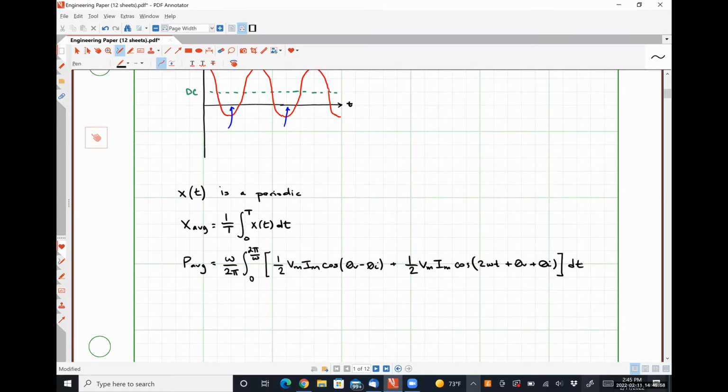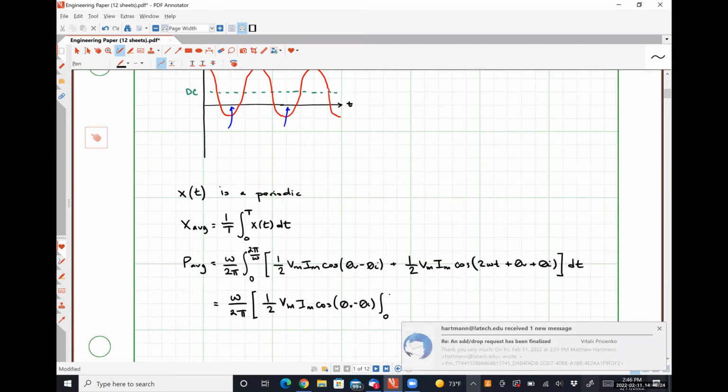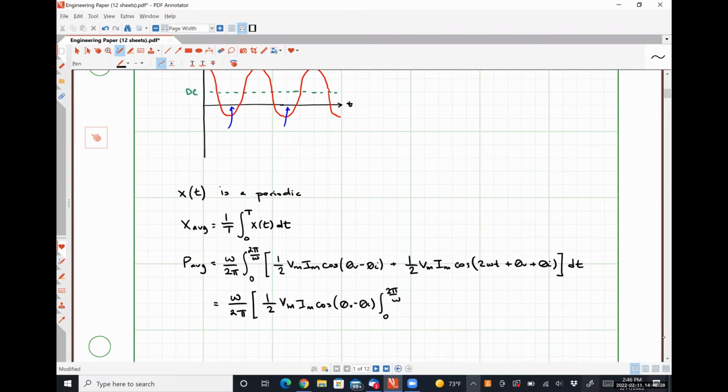That means we can actually pull that term out of the integration, which would give us omega over 2 pi multiplied by 1/2 Vm Im cosine(theta v minus theta I) times the integral from 0 to 2 pi over omega dt, plus the integral from 0 to 2 pi over omega of just the AC portion, 1/2 Vm Im cosine(twice omega t plus theta v plus theta I) dt.